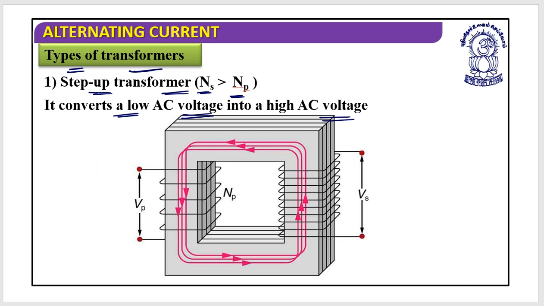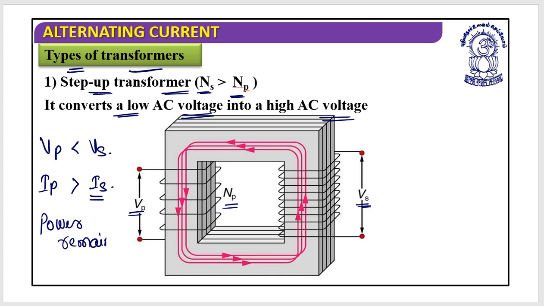So this is the transformer, this is the primary coil, this is the secondary coil, this is the potential on the primary side, and this is the potential on the secondary side. So it converts a low AC voltage, that means Vp would be less than Vs, but in this case Ip would be greater than Is, because power remains the same.